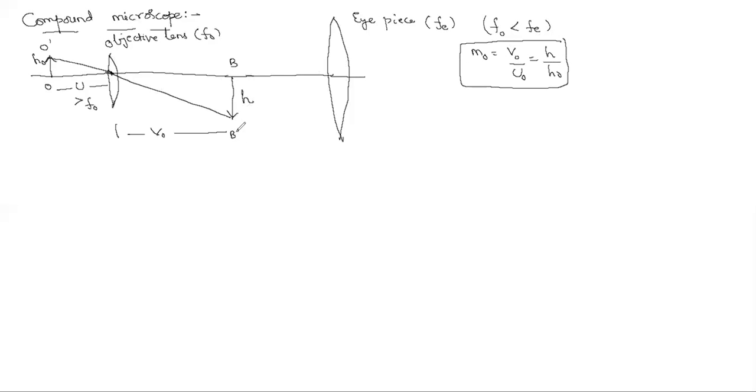Now this image behaves as object for the other lens. Here you see this image behaves as object for the eyepiece.